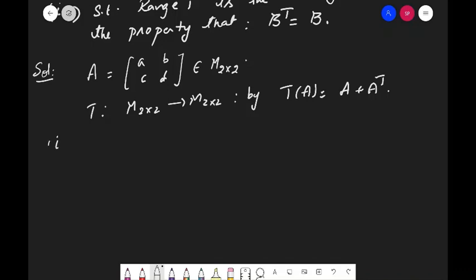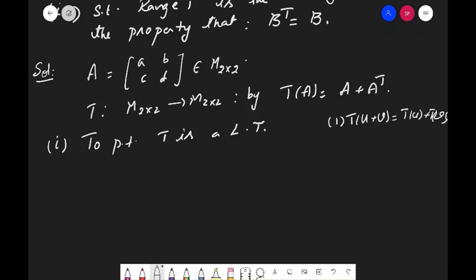First we have to prove that T is a linear transformation. What do we have to prove for the linear transformation conditions? T of u plus v is equal to T of u plus T of v, and second, T of cu is equal to c into T of u. These two.